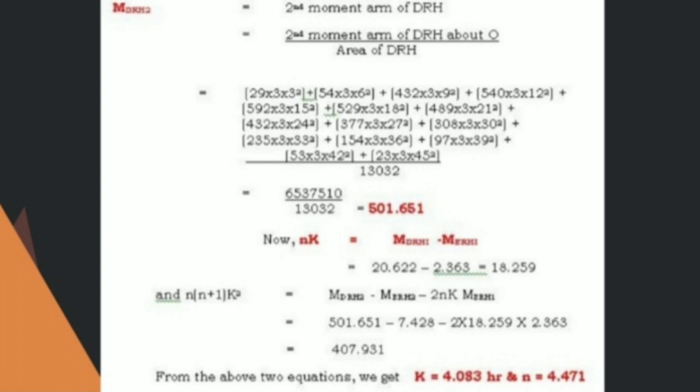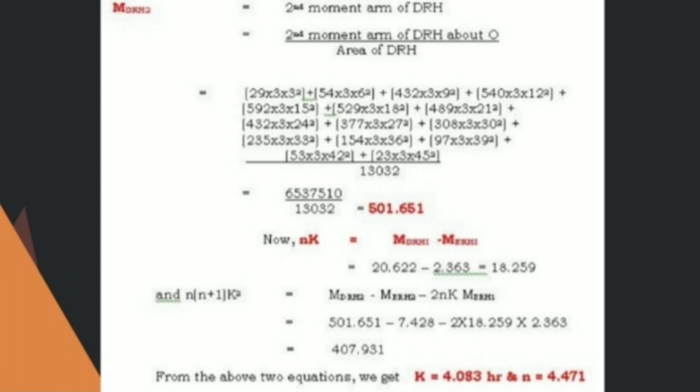Now NK equals MDRH1 minus MERH1, equals 20.622 minus 2.363, equals 18.259.